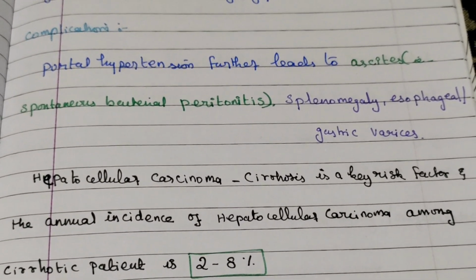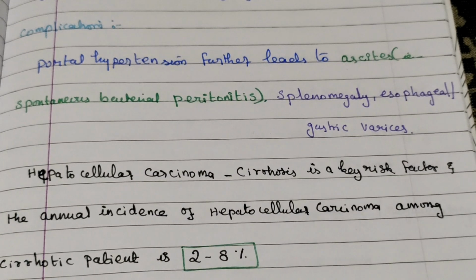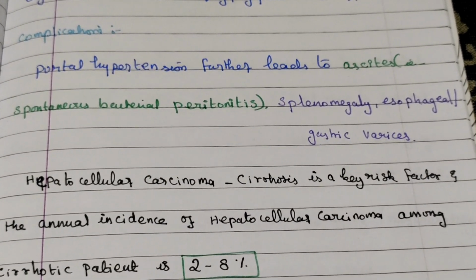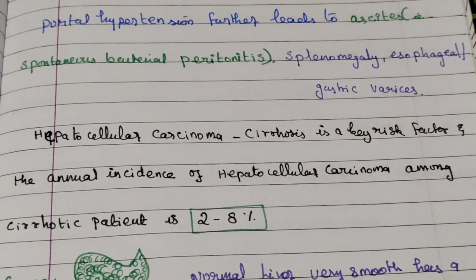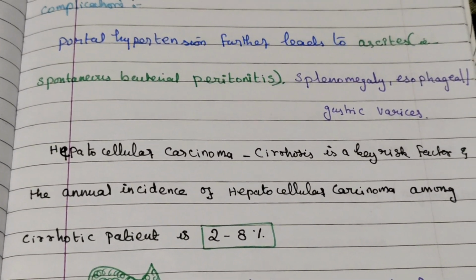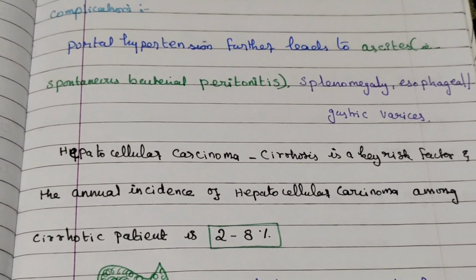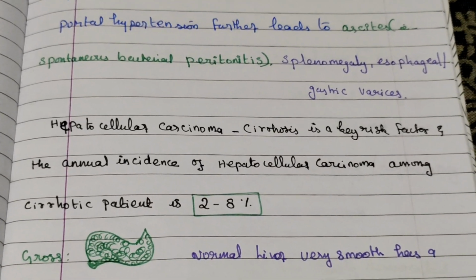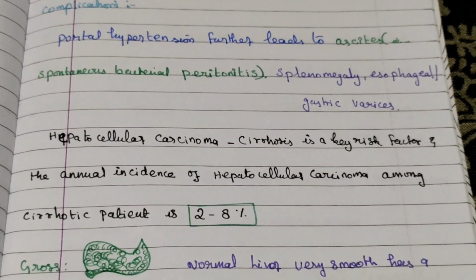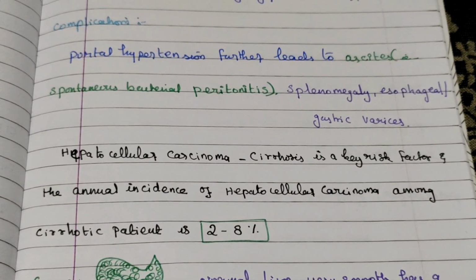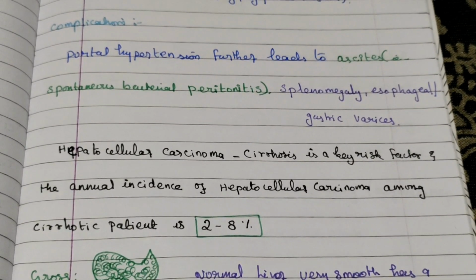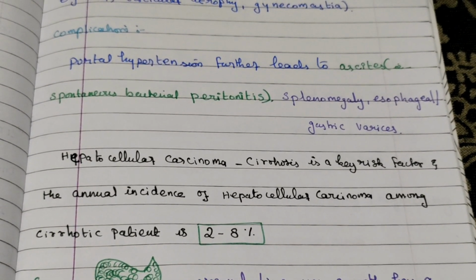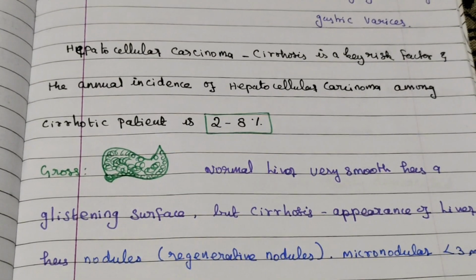Then hepatic encephalopathy, hepatorenal syndrome, hepatopulmonary syndrome, then pulmonary hypertension. Hepatocellular carcinoma can also occur: around 2 to 8% of patients with cirrhosis can land up with hepatocellular carcinoma.